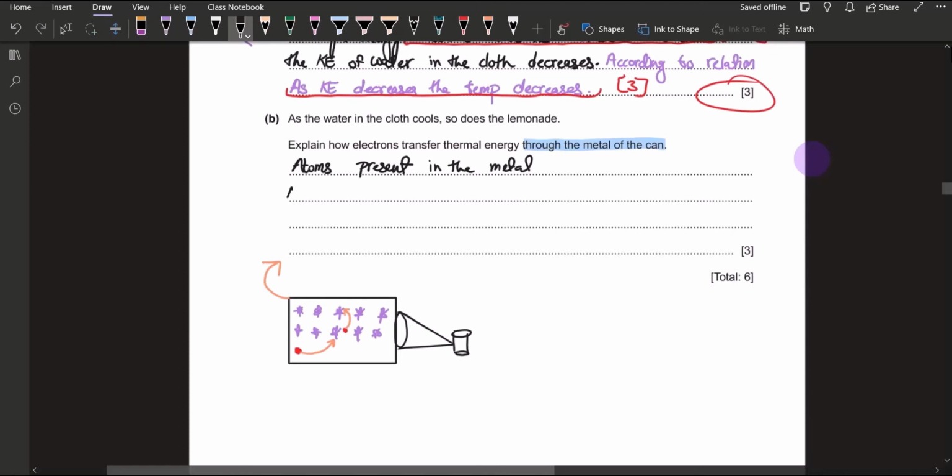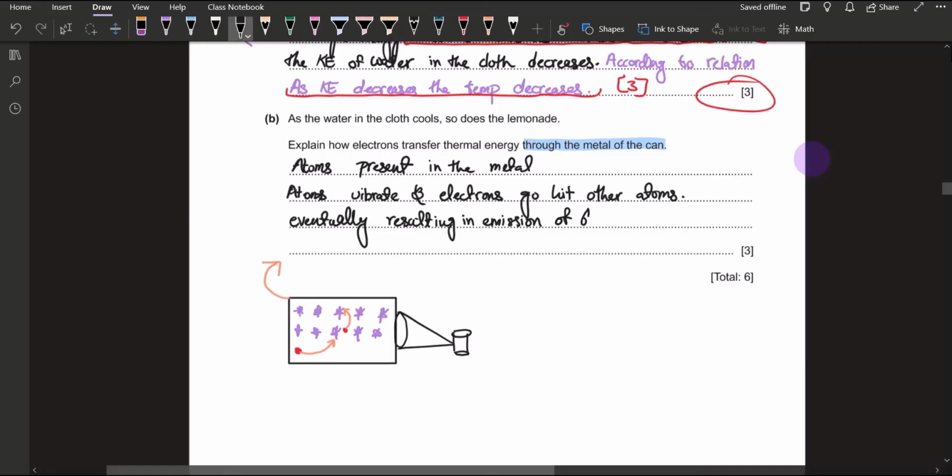hit other atoms. Atoms vibrate. Eventually it results in emission of other electrons. Therefore the transfer of thermal energy occurs.